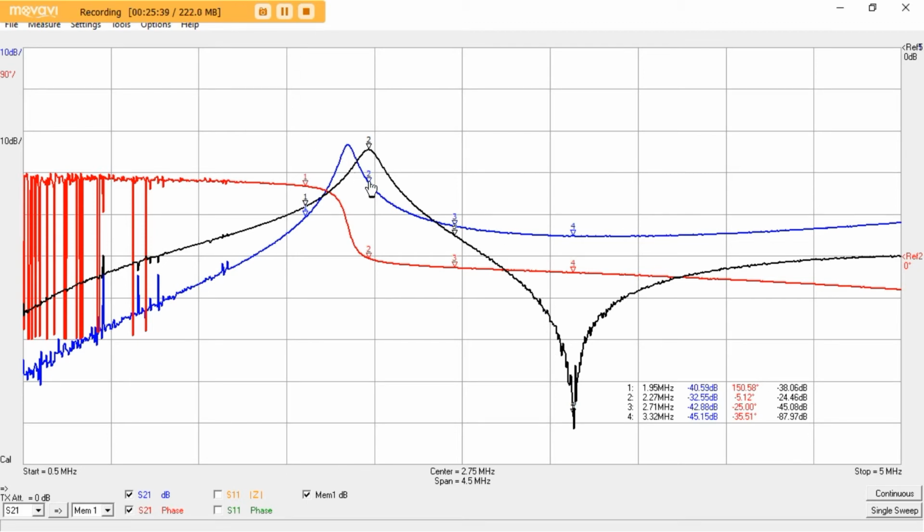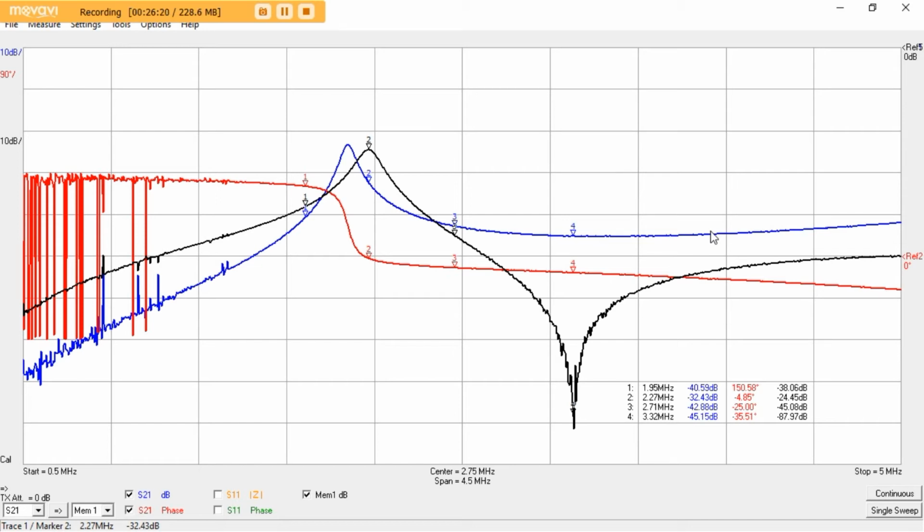Frequency shifted down to 2.16 from 2.27. 2.16, 90 kilocycles. But the interesting part is this area now, and that mode, that's completely gone. We're just using 1 outer turn.